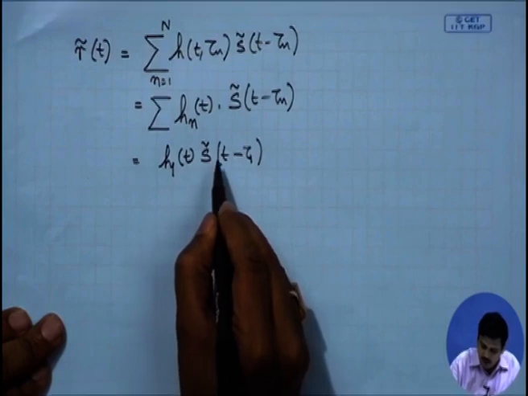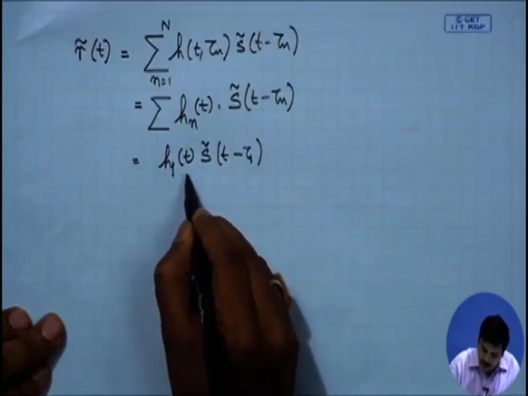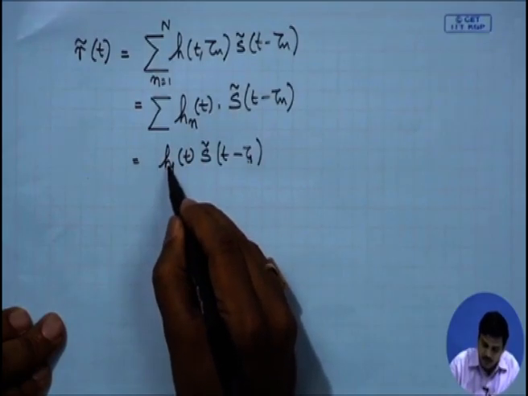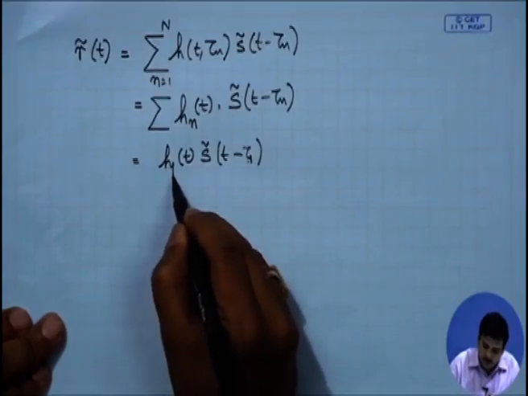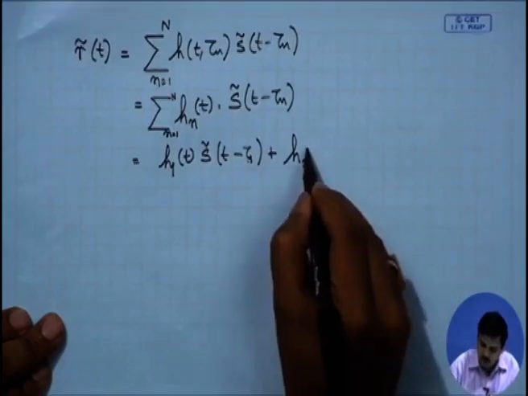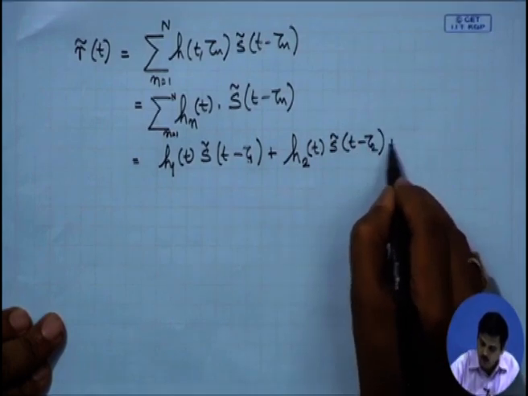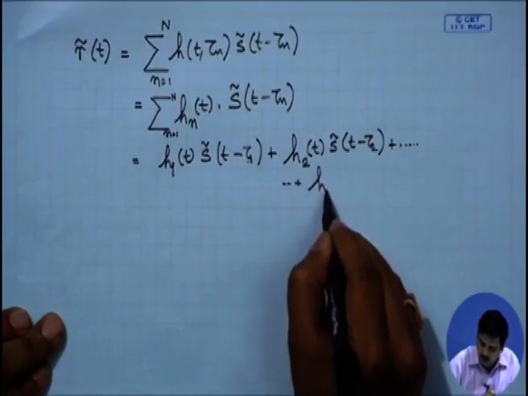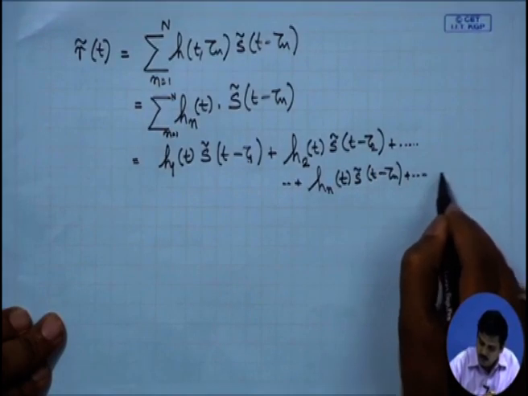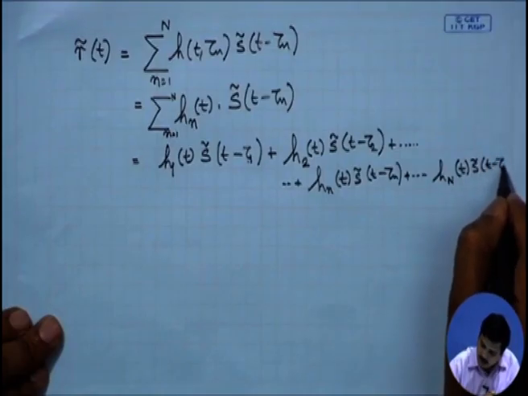That means the signal which started tau 1 units of time before the current time has come through the first path, which has a delay of tau 1, and there is a coefficient h 1 which includes the amplitude and the phase change associated with the first path, plus h 2, the coefficient associated with the second path, s tilde(t minus tau 2), and so on, the generic term being h n of t s tilde(t minus tau n), up to h capital N of t s tilde(t minus tau capital N).